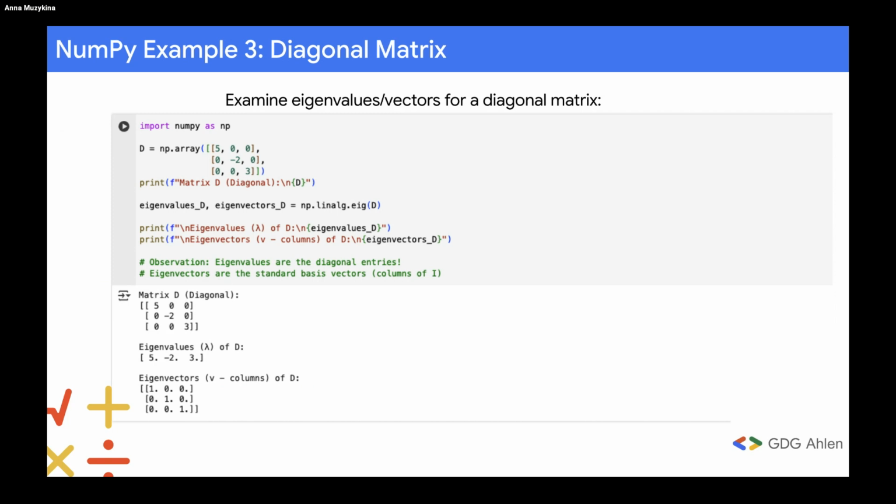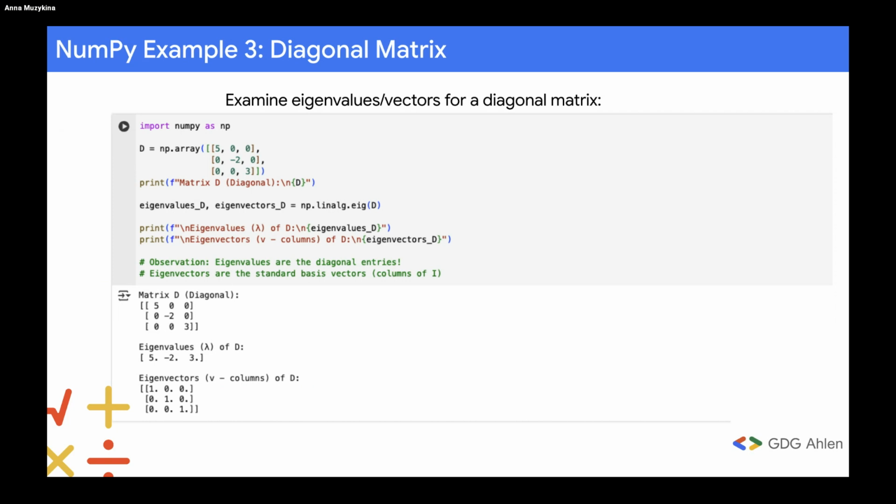This is a general property for a diagonal matrix or a triangular matrix. The eigenvalues are simply the entries on the main diagonal. Now look at the eigenvectors matrix, allowing for potential floating point variation or sign flips.